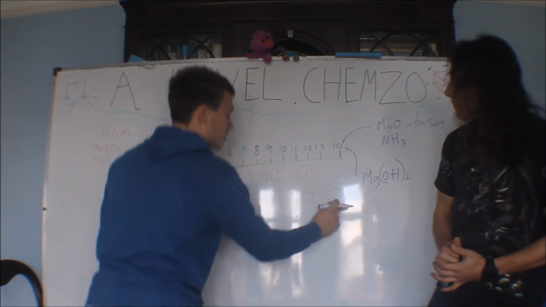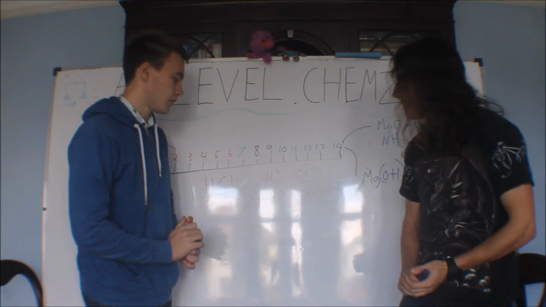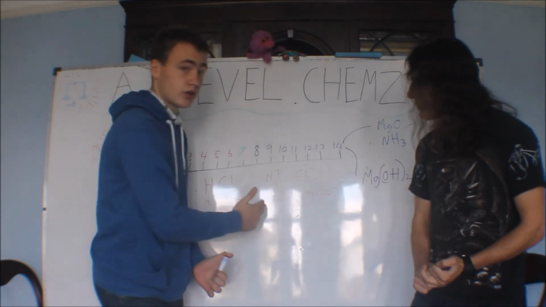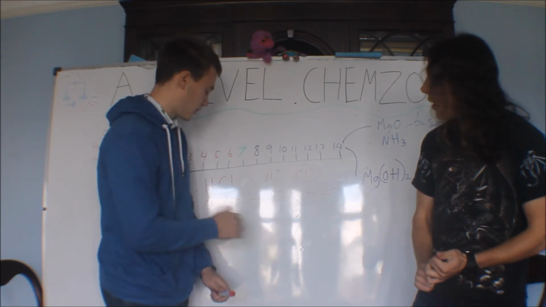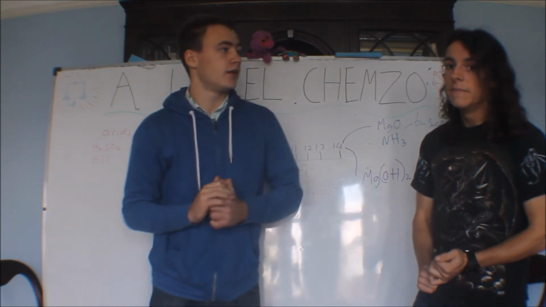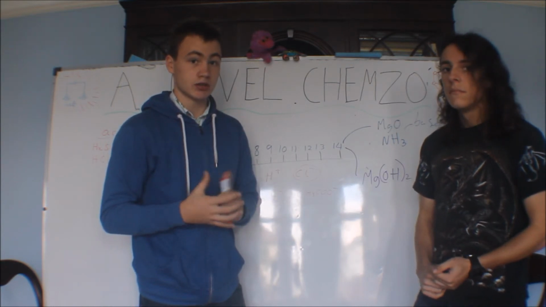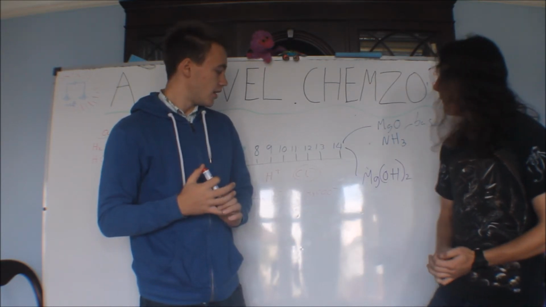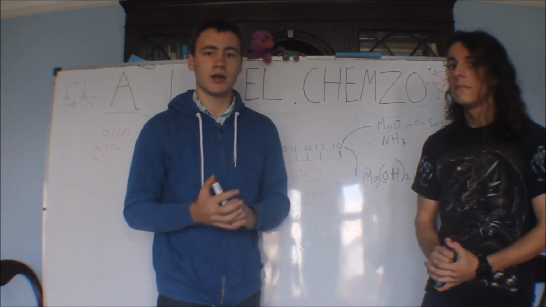So it's only partially dissociated, so it'll be a much slower reaction. If this was a strong acid, it wouldn't be something you'd put on your chips, because this is vinegar here. If you got bit by an ant and it was a strong acid, it would do a lot more damage, so it's a weak acid. The reactions of these are in the next video, so this is just going over it.